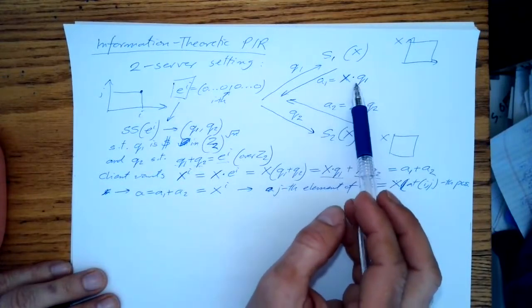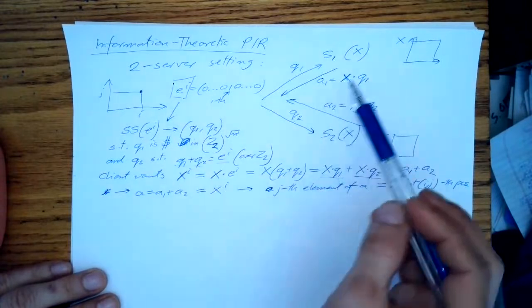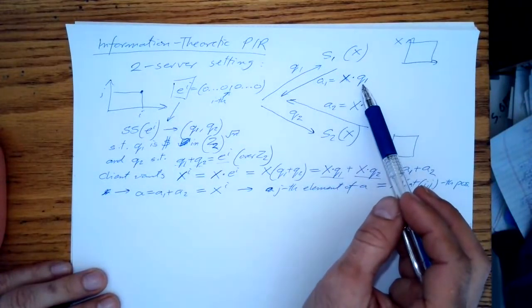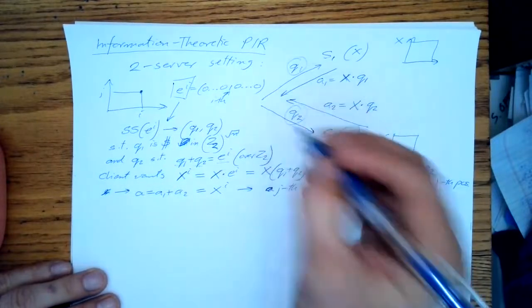But because they compute over the shares of the indicator vector, they don't learn what EI is, because the only information they get are these shares.